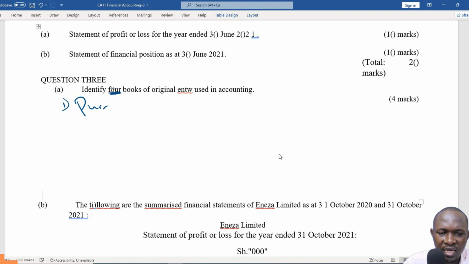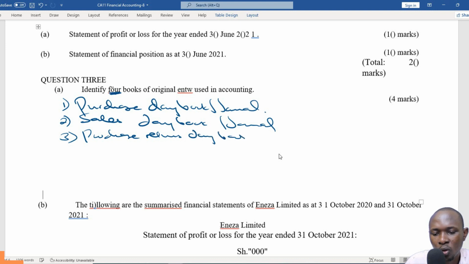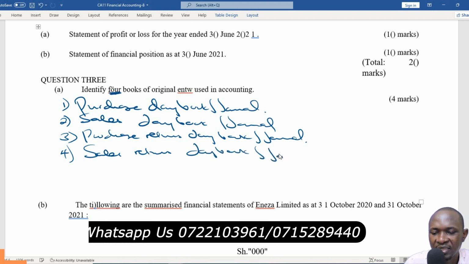We have the purchase day book, also called purchase journal. Then you also have the sales day book, also called the sales journal. We also have the purchase returns day book, also called the purchase returns journal, and then the sales returns day book, also called the sales returns journal.